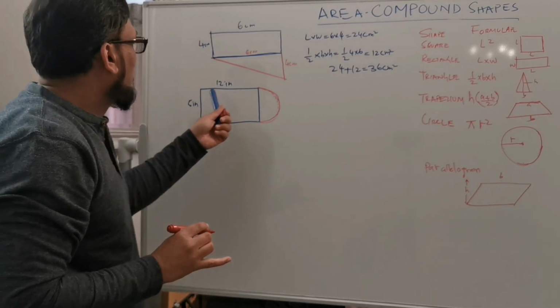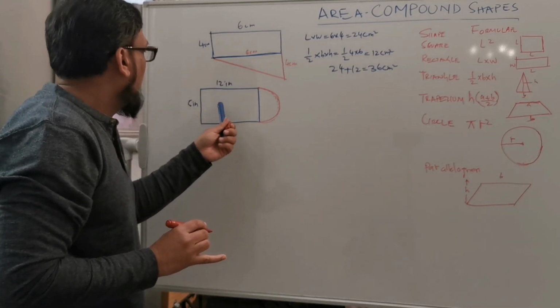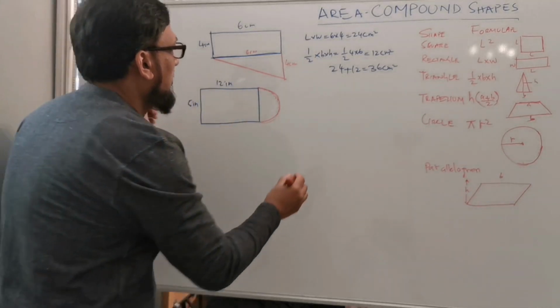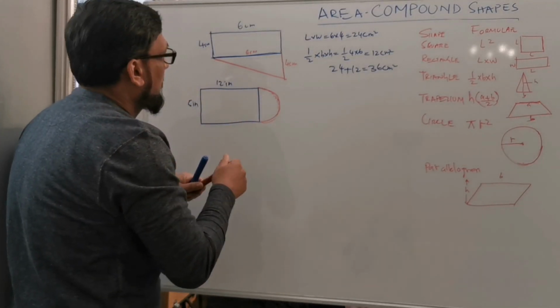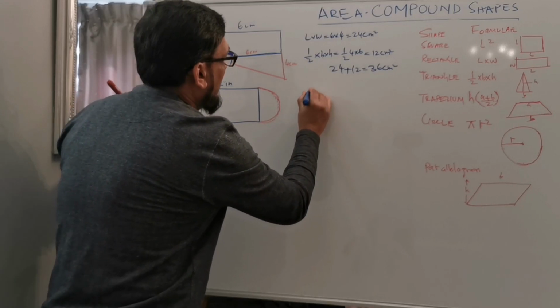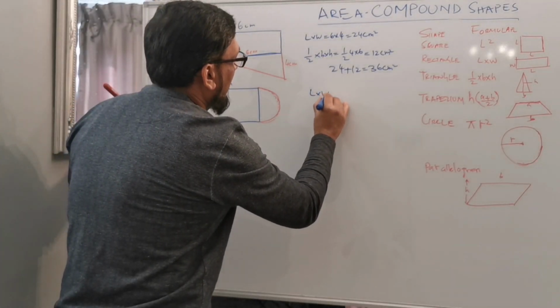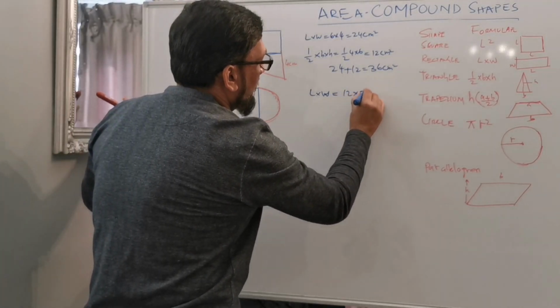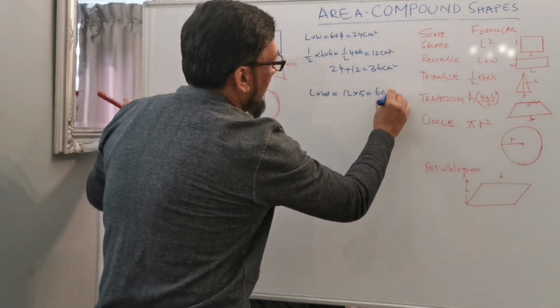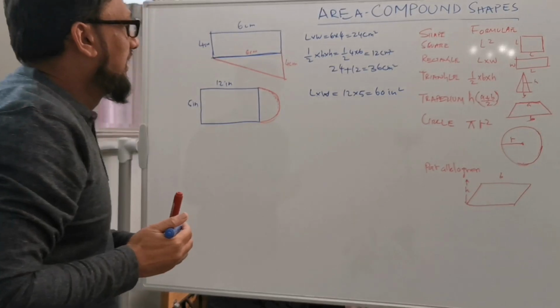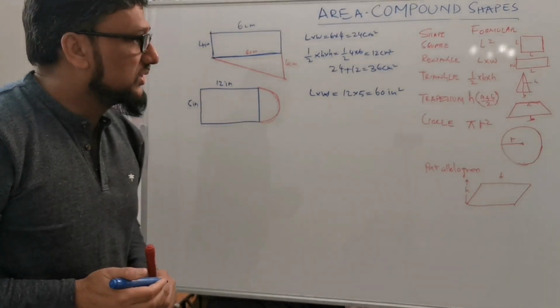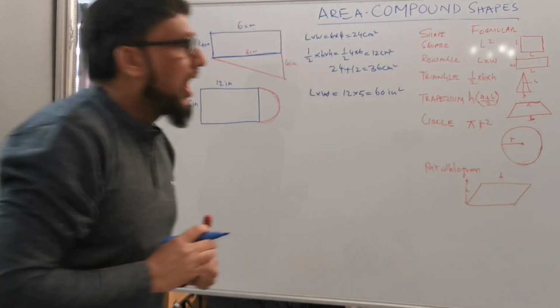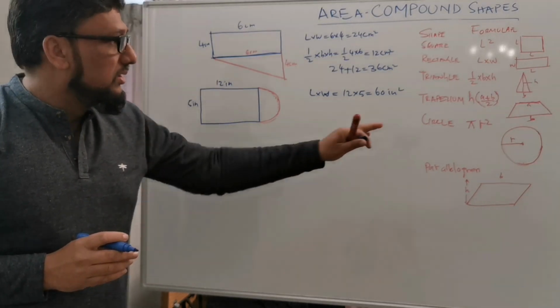First of all we need to find the area for the rectangle, the same as before: simply length times width, which is 12 times 5, equal to 60 inches squared.